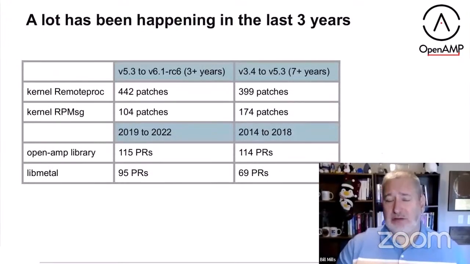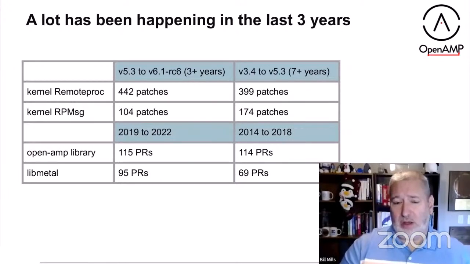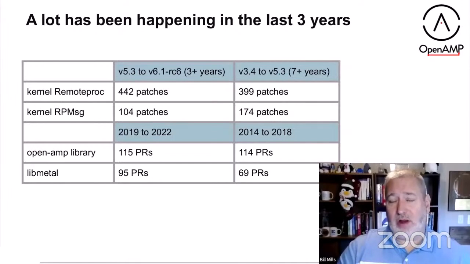So I said lots of interesting stuff has happened in the past 3 years. So I collected these statistics. If you look at remoteproc in the kernel, you can see that more patches have come in the past 3 years than in the previous 7 years. But if you look at rpmsg, you can see even there the rate per year, the number of patches has accelerated.